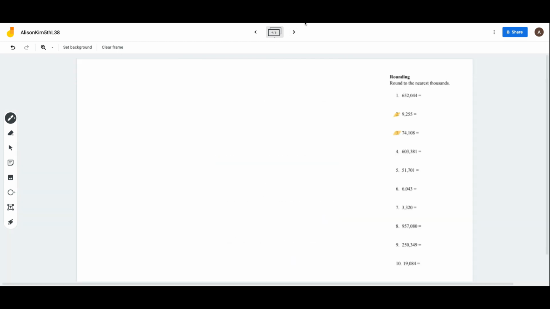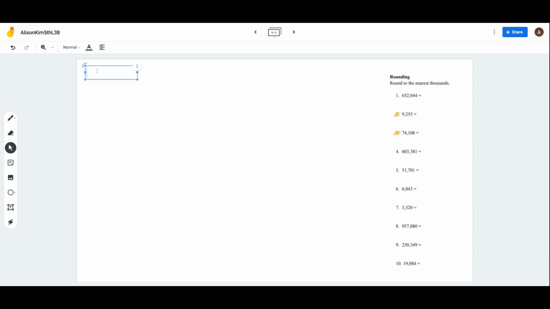We're going to do rounding to the nearest thousands, and so when it means rounding to the nearest thousands, we're going to have to round to the 4th number from going right to left, but I don't want to confuse you guys.